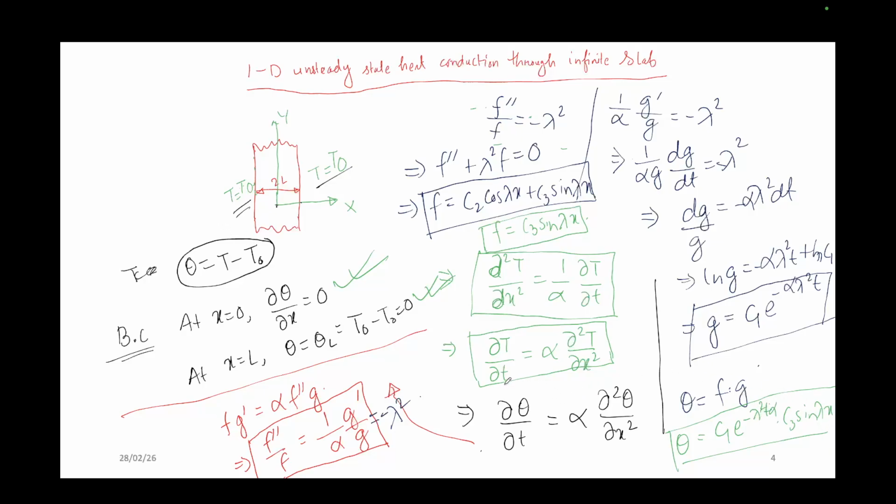Additionally, as you see, this differential equation is a function of time and x, so I write theta as a function of f and g. Then I took the derivatives and converted it in terms of f and g, and we get this solution, right? This is for 1D unsteady state heat conduction through an infinite slab, right?